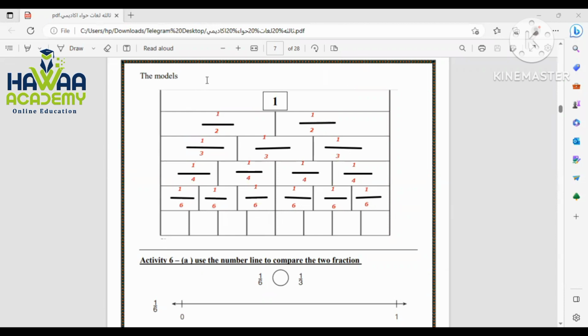So in one whole we have 8 eighths. 1 over 8, 1 over 8, 1 over 8, 1 over 8, 1 over 8, 1 over 8.